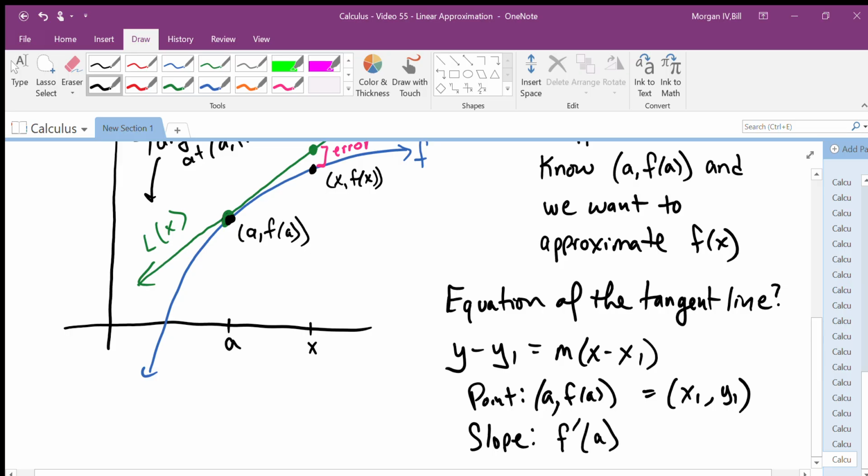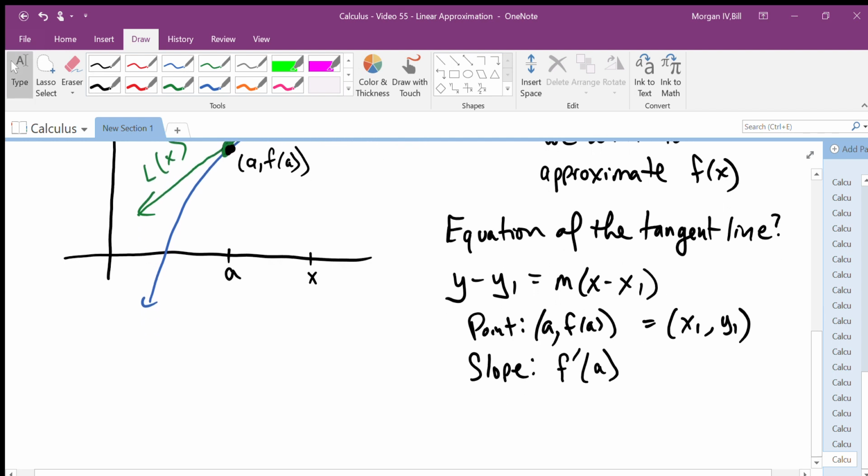Let's plug those values into our equation of a line, y minus y1 is equal to m times x minus x1. And we get the equation of the tangent line. We have y minus y1, the y1 value is f of a, is equal to the slope f prime of a times x minus x1, which is a, x minus a.